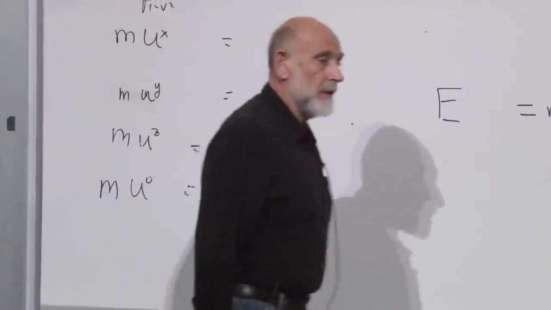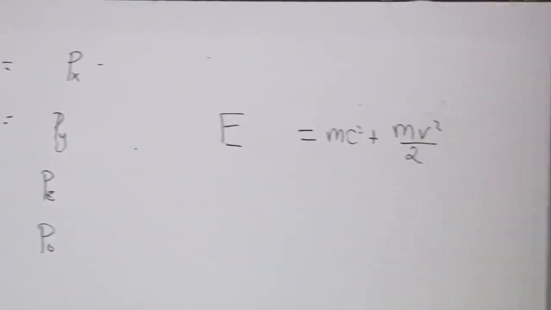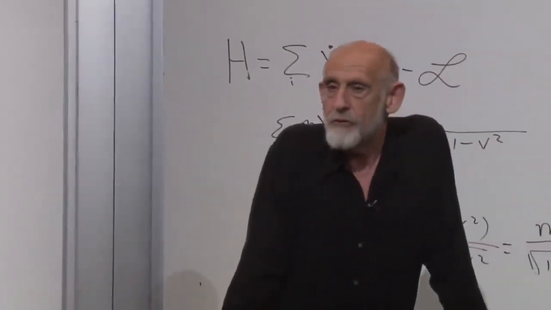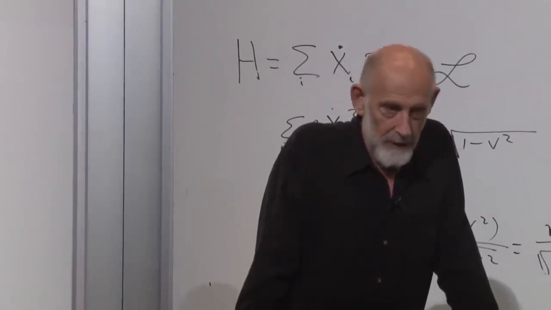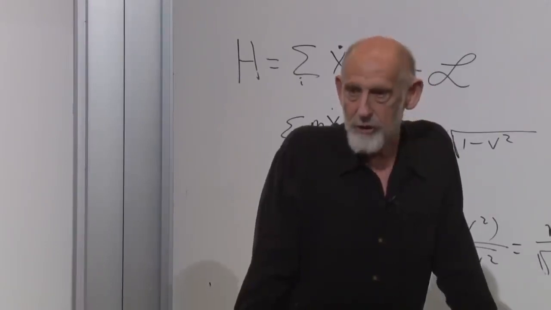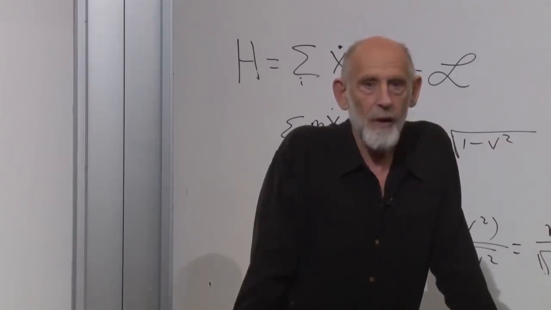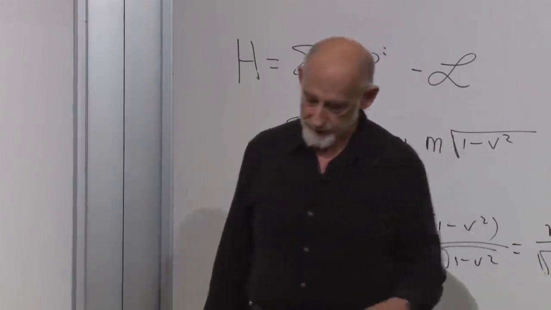So as you push the particle faster and faster, its momentum and its energy increase and explode, diverge, become infinite when the velocity becomes the speed of light. That means it would take an infinite force to accelerate a particle to the speed of light, and infinite forces are simply not part of nature.